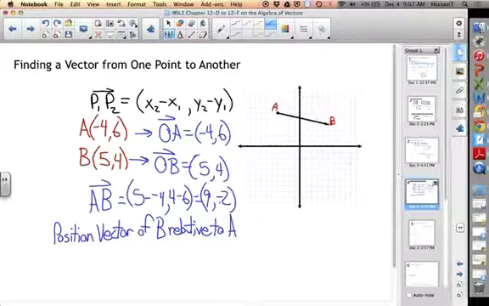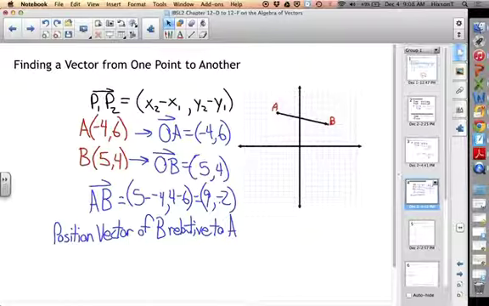Where it's different than slope is, first of all, we're not going to reduce. If it were 8 and -2, we wouldn't reduce that like we would slope, because that would change our magnitude. And obviously the way we write our answer is different. We're not writing it as a ratio, but we can still think of it as movement.